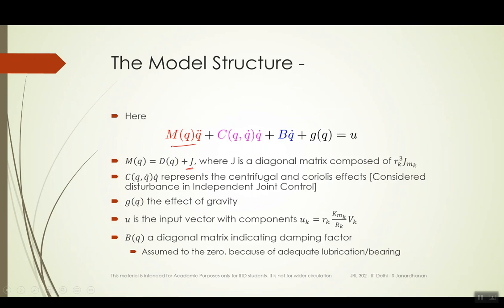Okay, and the C of q, q dot times q dot represents the centrifugal and Coriolis effects. This was one of the major components that was considered as a disturbance in the independent joint control.